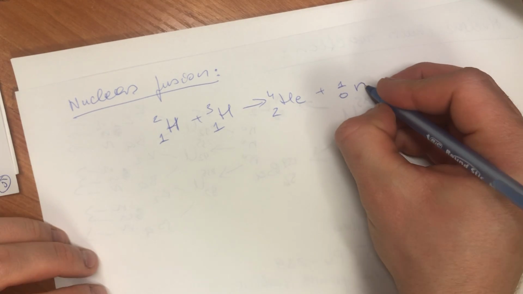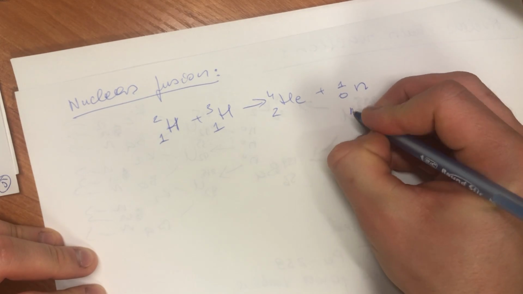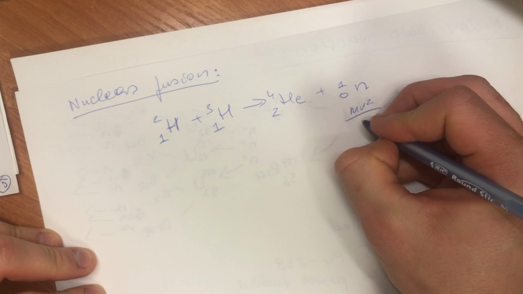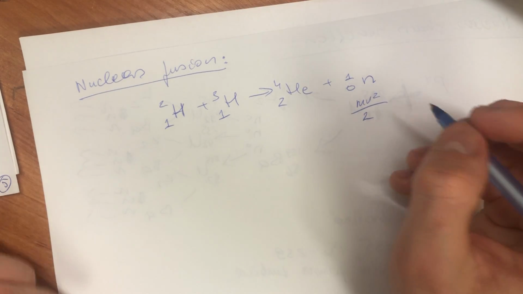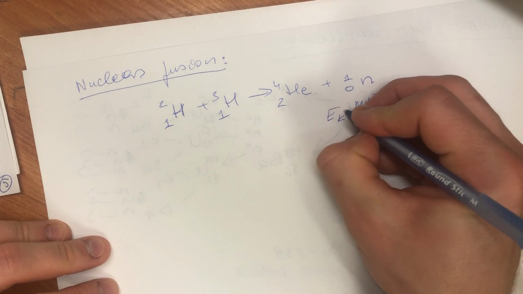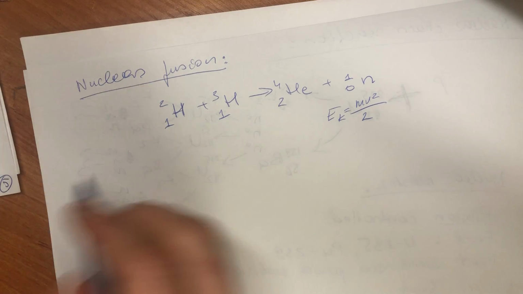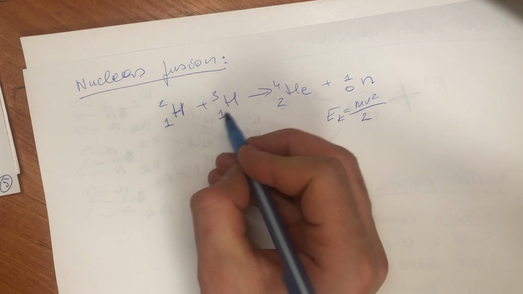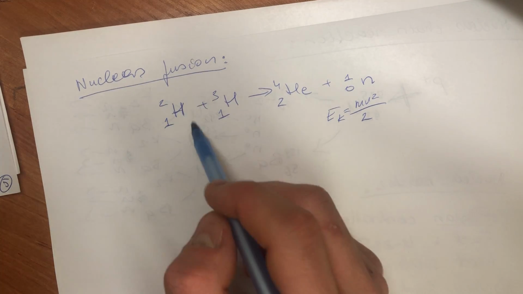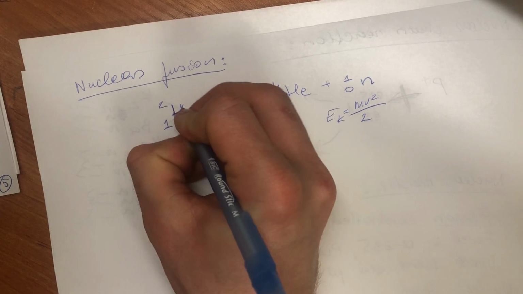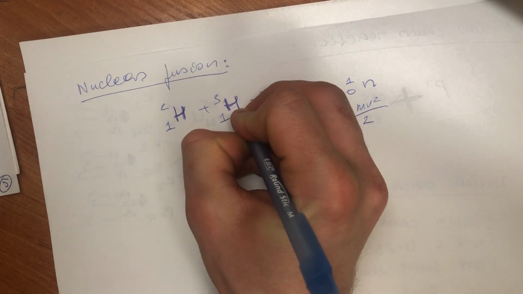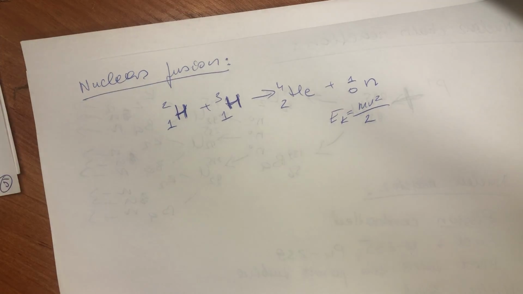Kinetic energy is released in the form of this neutron, but for this, the nuclei have to collide at very high velocity. In order to gain this kind of velocities, a temperature comparable to the sun's is needed.